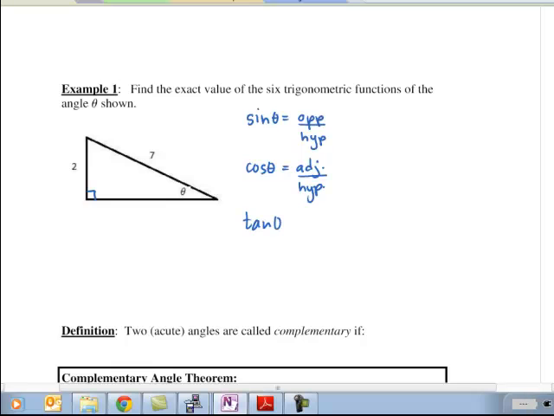Tangent of theta will be the opposite side over the adjacent side lengths. And then the rest will be the reciprocals of those. This 7, that's the longest side, so that's the hypotenuse. This 2 would be opposite of the angle theta. And what we need to know is what's the adjacent side length. So anytime we're missing a side on a right triangle, we'll use the Pythagorean theorem.